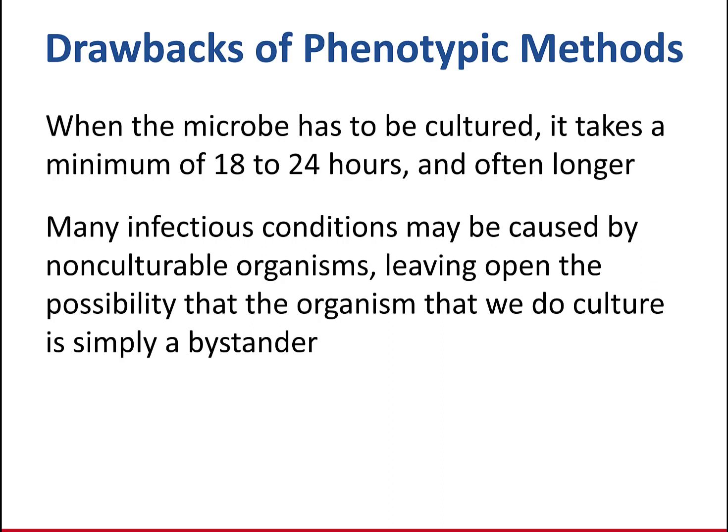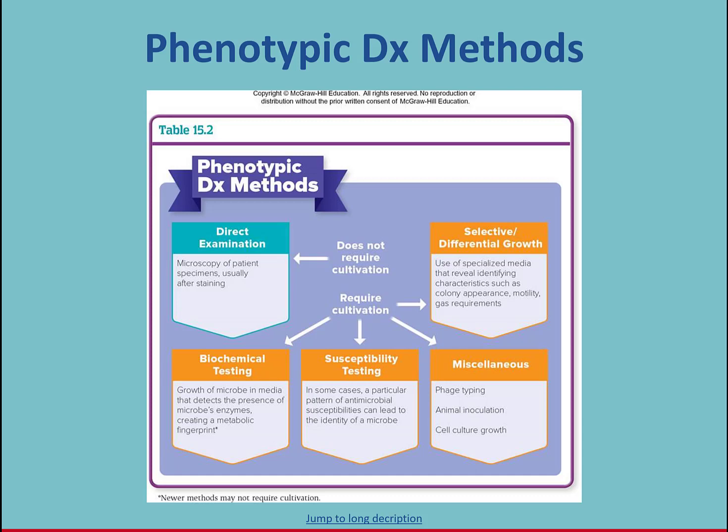The drawbacks of phenotypic methods: a microbe has to be cultured. It takes a minimum of 18 to 24 hours. The genetic tests are a lot faster than that. Many infectious conditions can be caused by non-culturable organisms, leaving open the possibility that the organism we do culture is simply sort of there as a bystander, and it happens.